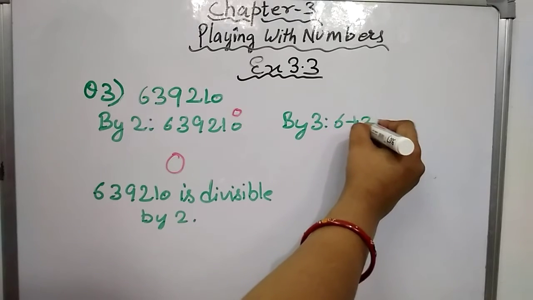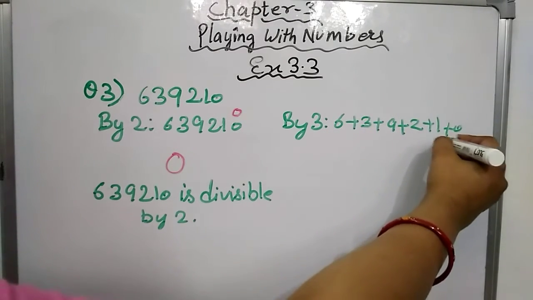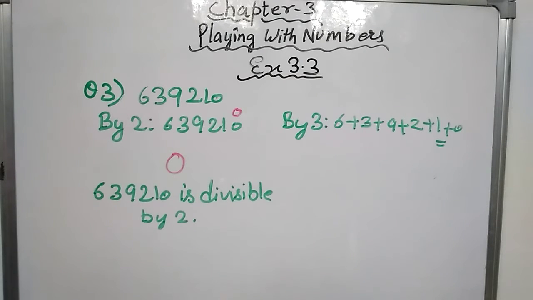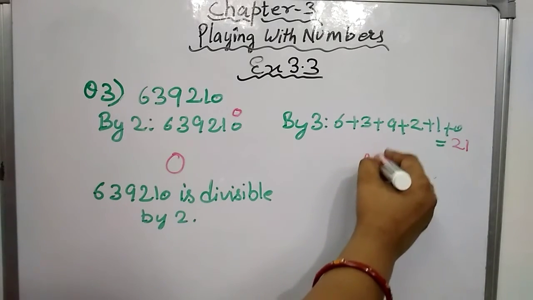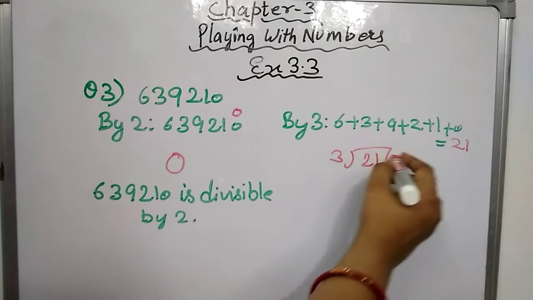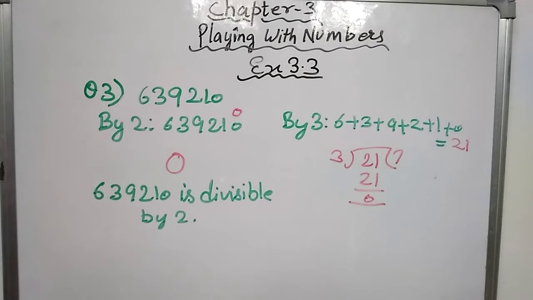Add all the digits. Sum is 21, and this 21 is divisible with 3, giving remainder as 0 and quotient as 7.